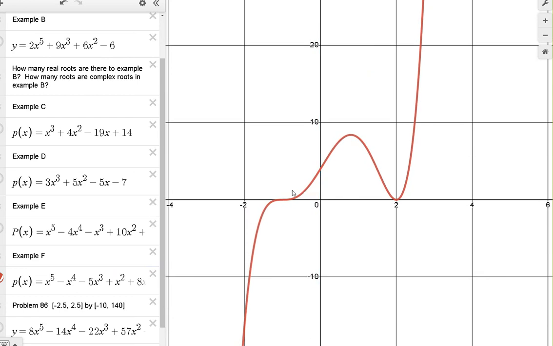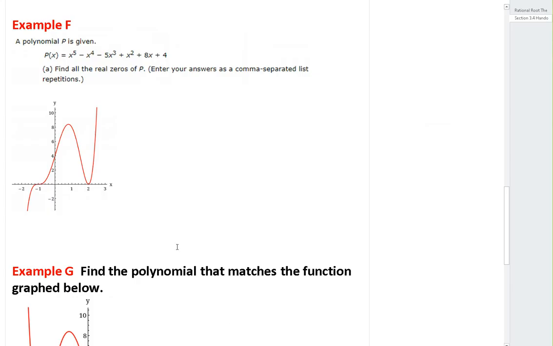All right, and we do have some nice integer components. Let's take a look back and see what the problem is asking us. It says find all the real zeros, enter as a comma separated list. I would add one more thing. I think we should be able to write this in factored form. So let's see if we can't do that. Let me find my copy of the handout for that one. No, I don't have it.